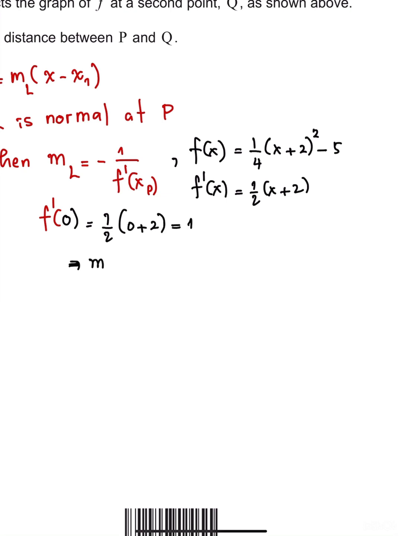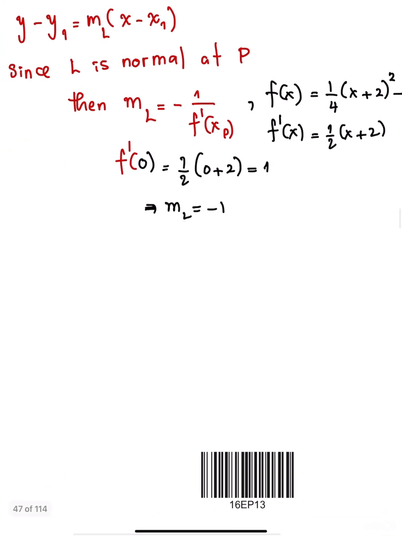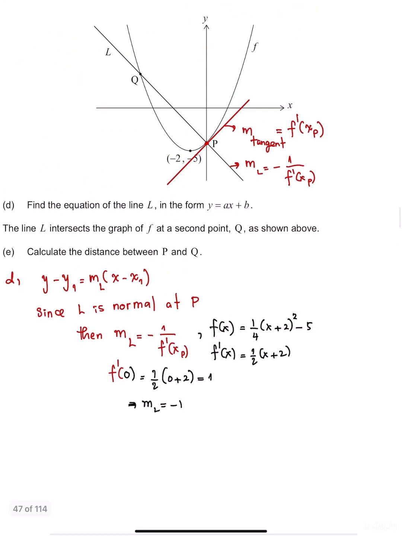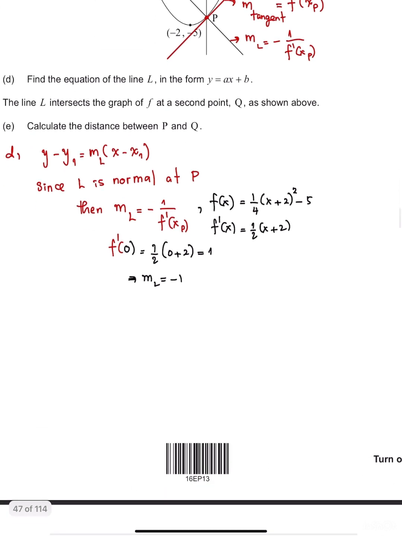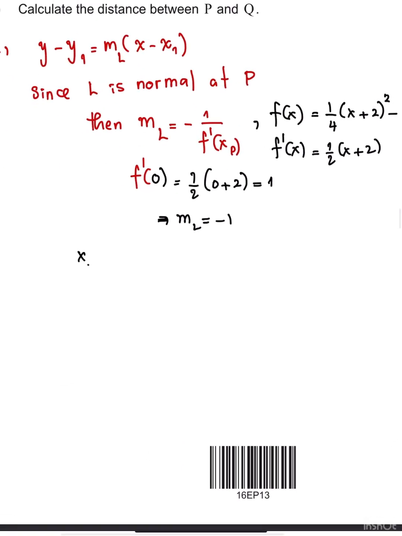That means mL equals negative 1. And P also lies on L, so x1 equals xp and y1 equals yp, that is 0 and negative 4.